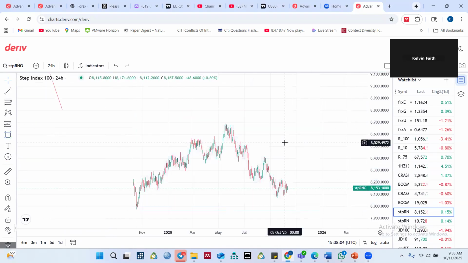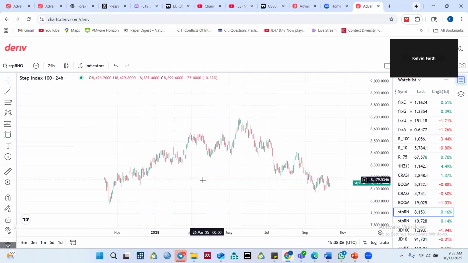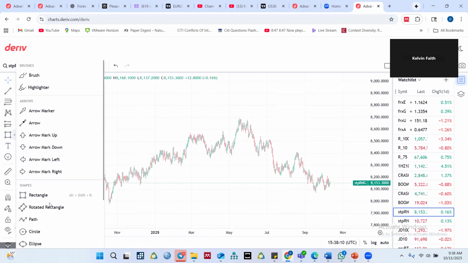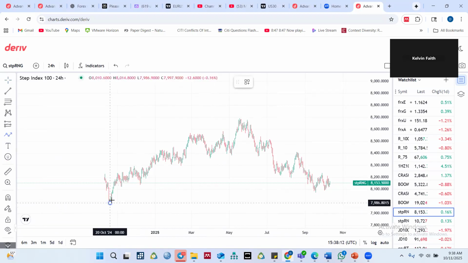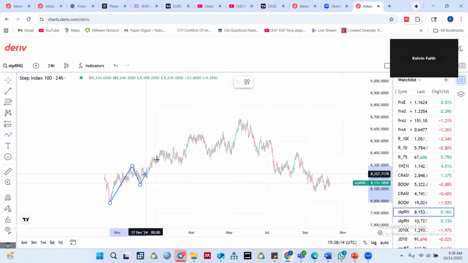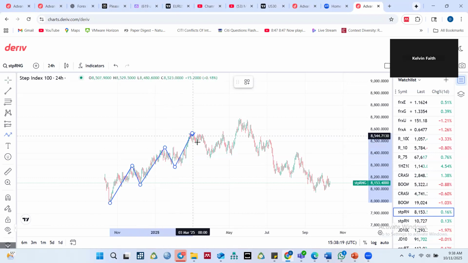Okay, so we can see that we had an uptrend. We had an uptrend: low, high, lower high, higher high, lower high, higher high, lower high, and higher high up to here. Then this was an uptrend. Why?